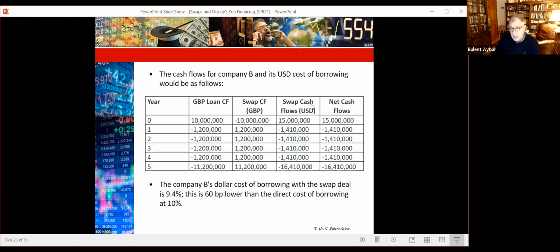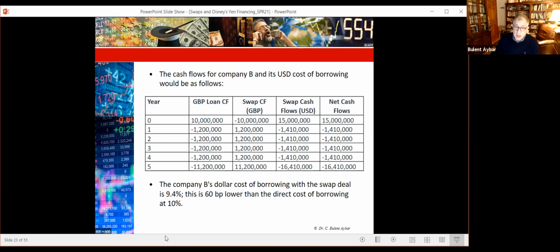So if you look at the dollar cash flows of the company, it is essentially 15 million received and then paid out throughout the life of the loan. And this amounts to a 9.4% effective annual cost for company B, which is about 60 basis points lower than the direct cost of borrowing at 10%.